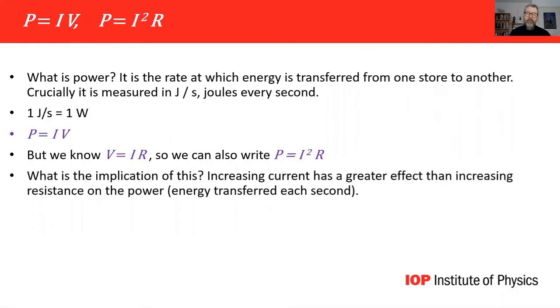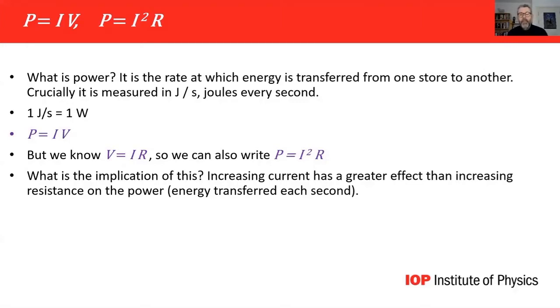What it actually tells us is that for certain appliances, let's say a kettle, what's most important is actually having a large current rather than having a large resistance. The current goes up as the square of the current, whereas the resistance is just linear. So the effect of increasing the current is far greater than the effect of increasing the resistance.